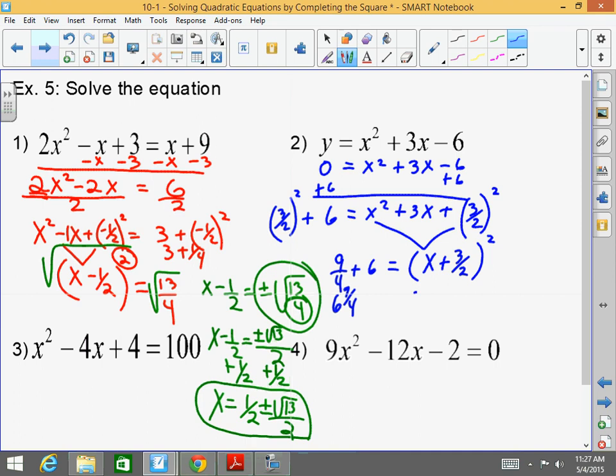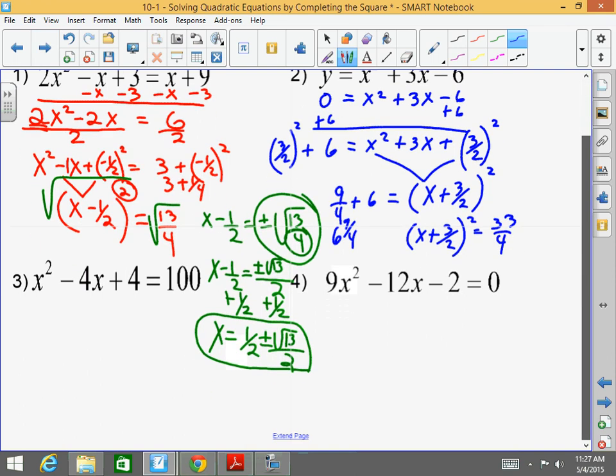Okay, so I've got x plus 3/2 squared equals 33/4. How do I get rid of a power of 2? I square root it. So I've got x plus 3/2 equals plus or minus the square root of 33 over the square root of 4.